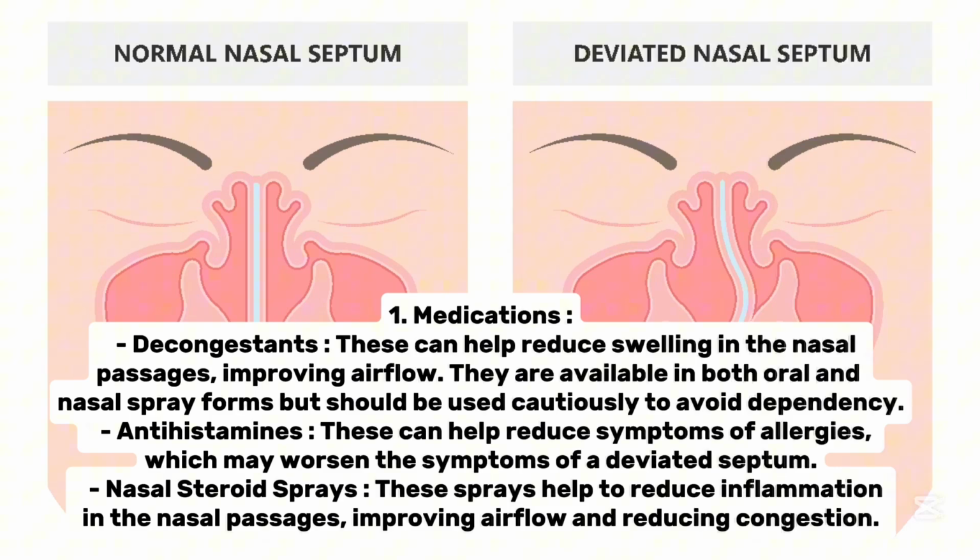These can help reduce swelling in the nasal passages, improving airflow. They are available in both oral and nasal spray forms but should be used cautiously to avoid dependency. Antihistamines. These can help reduce symptoms of allergies, which may worsen the symptoms of a deviated septum. Nasal steroid sprays. These sprays help to reduce inflammation in the nasal passages, improving airflow and reducing congestion.